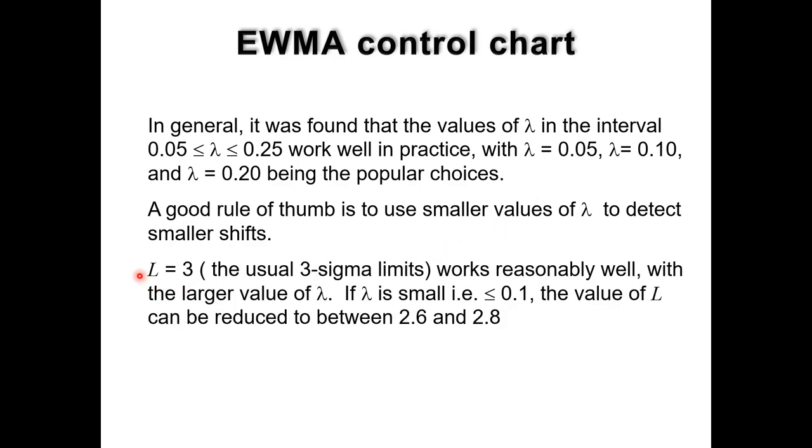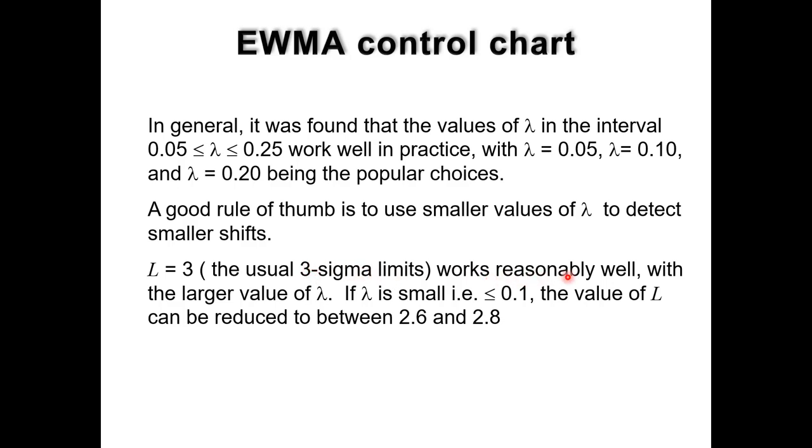Now L. L equals 3 is the usual 3 sigma limits. As I mentioned just now, in the normal Shewhart control chart this is K, K equals 3. In the EWMA control chart, this is denoted by L. L equals 3 is the usual limit.